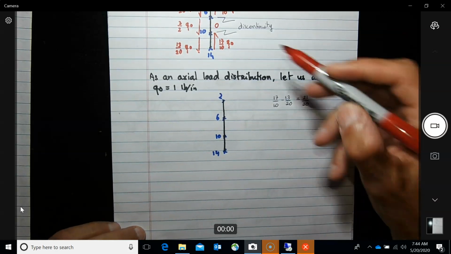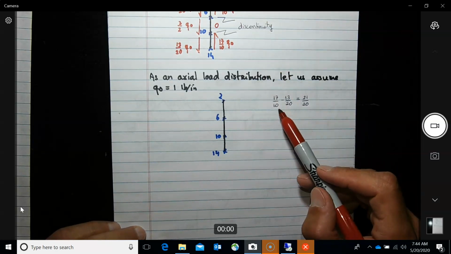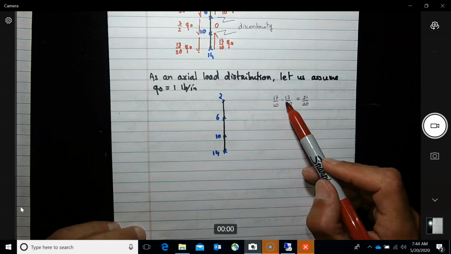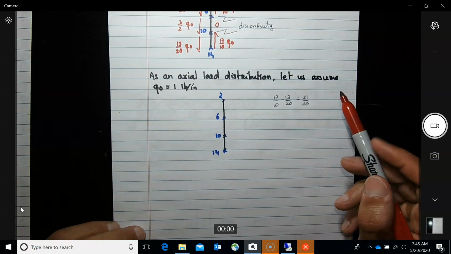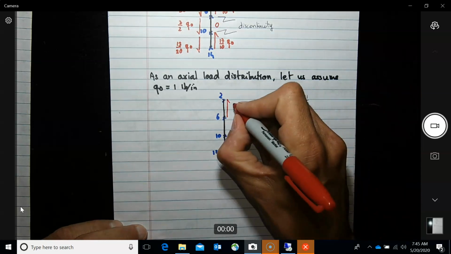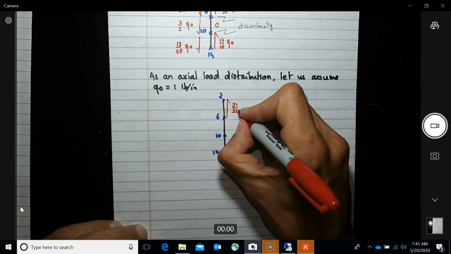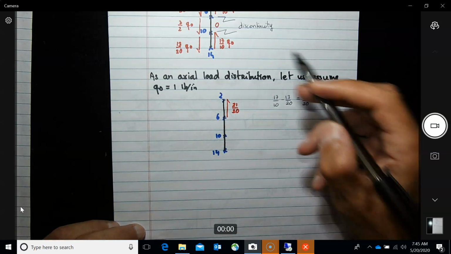So let's see which one was bigger, 17 over 10. So 34, 24, 21. So this one basically is going up to a value of 21 over 20. This section, then over here we have 0.